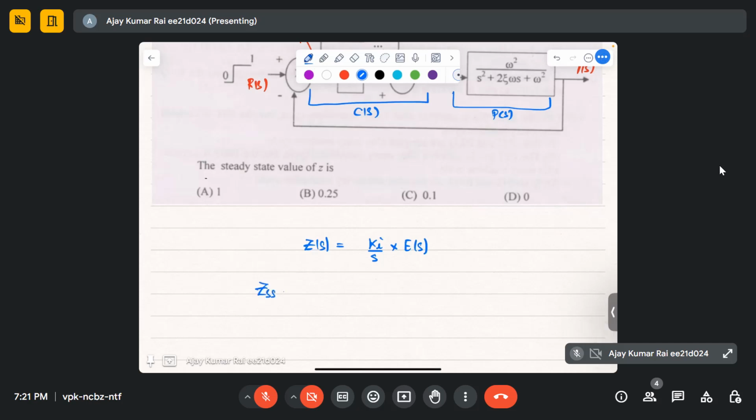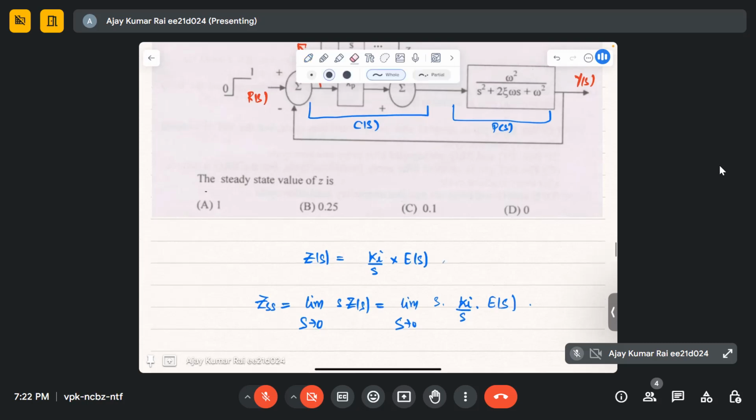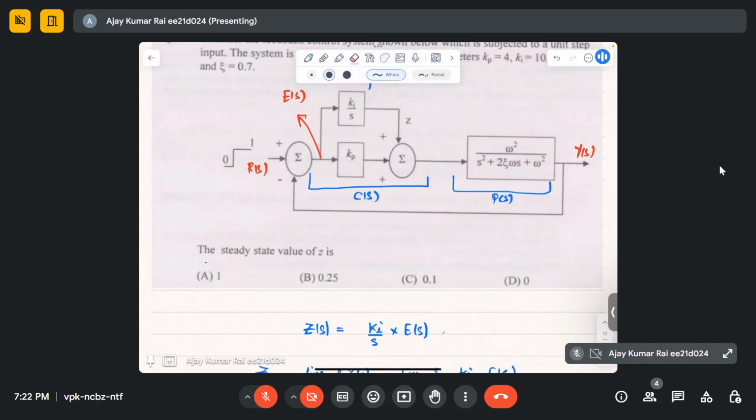So we'll use the final value theorem, which is limit s tends to 0 of s into Z of s, where Z is Ki by s into E of s.